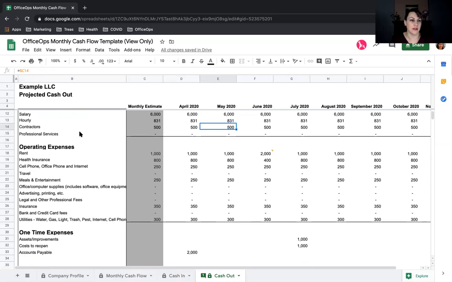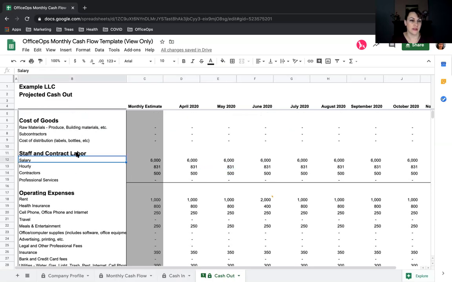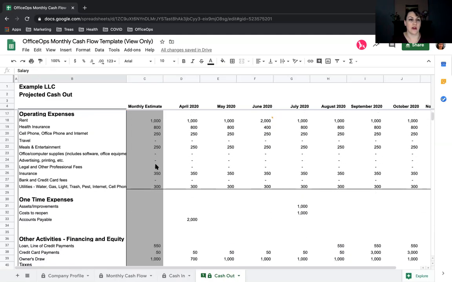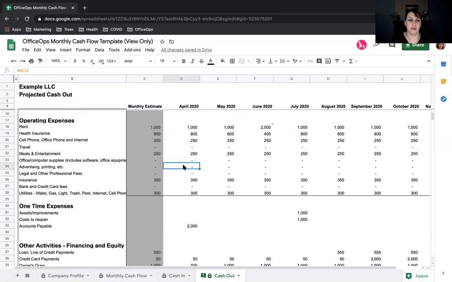Okay. So another thing, this is one of the ones that you're going to want to play with a lot if you need to make cuts once you look at the overview, but we will look at that in a minute. So now we're down to operating expenses. These tend to be fixed expenses and not fluctuate nearly as much as hourly or cost of goods.